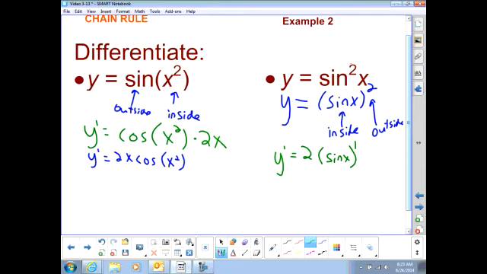When doing that, keep the inside function the same, and now we'll multiply by the derivative of the inside function. The derivative of sine x is just cos x. Again, if you wanted to neaten up at all, you could just write it as 2 sine x cos x.